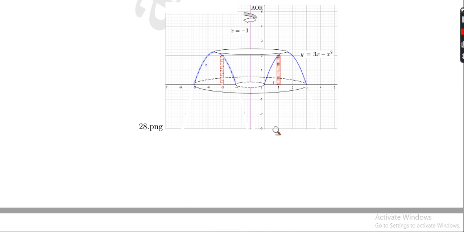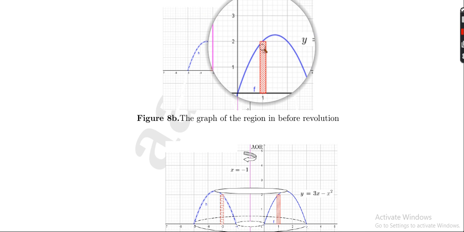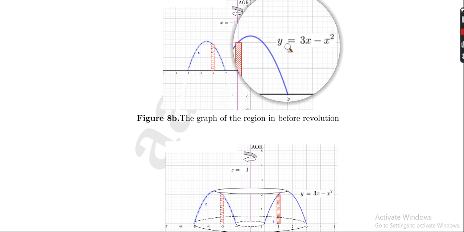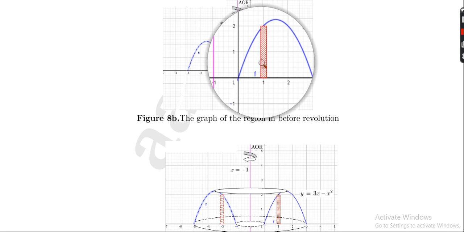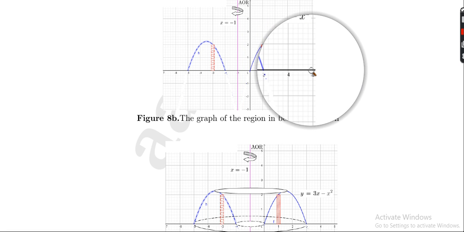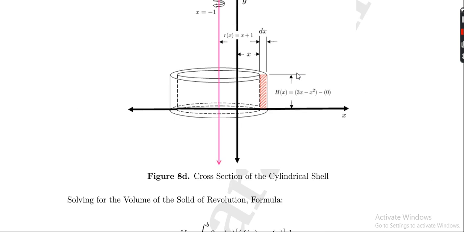So kung ating titingnan yung ating previous illustration, the upper boundary is at the curve, or at the parabola, which is y equals 3x minus x squared, at ang lower boundary natin is at the x-axis, which is y equals 0. So therefore, the height, or the h of x, is equal to 3x minus x squared minus 0.